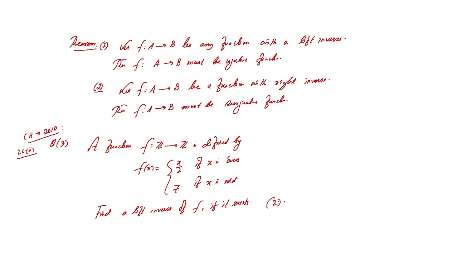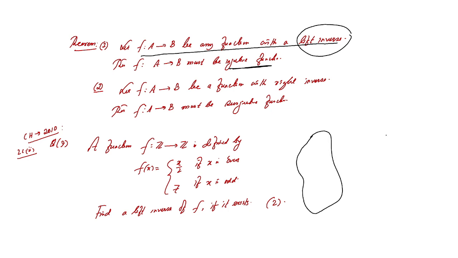So for a left inverse, what we have seen here is that f must be an injective map. If a function from A to B has a left inverse, then it must be an injective map. So first we will check whether this map is injective or not. So what is the map here? The map is, say, 0, 1, 2, 3, 4, 5, minus 1, minus 2, minus 3, and so on, again 0, 1, 2, 3, 4, 5, and so on, minus 1, minus 2, minus 3, and so on.